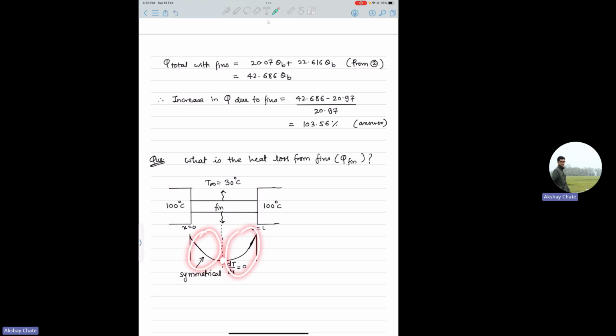So there will be a point, given by this center point, where the slope will be 0. So you treat this fin as two fins of L by 2 length with adiabatic tip.